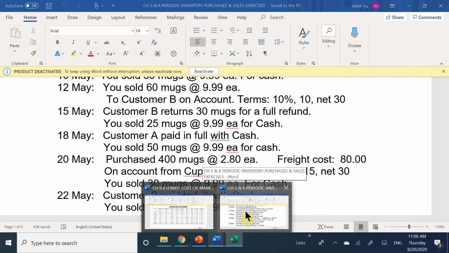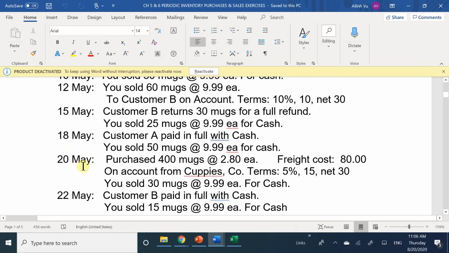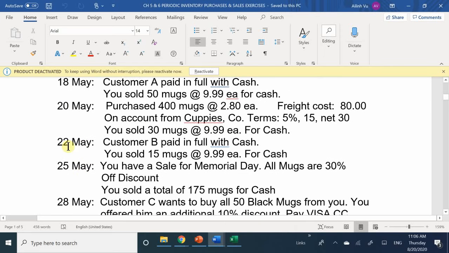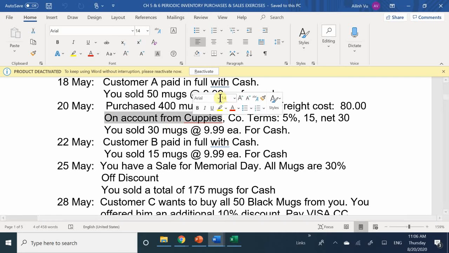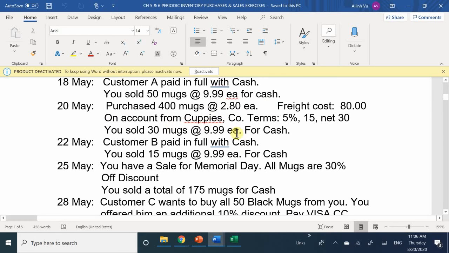Now, what happened next on May 20th? We made another purchase on account. How much is it now? So my cost per cup is getting more and more expensive: 400 at $2.80.